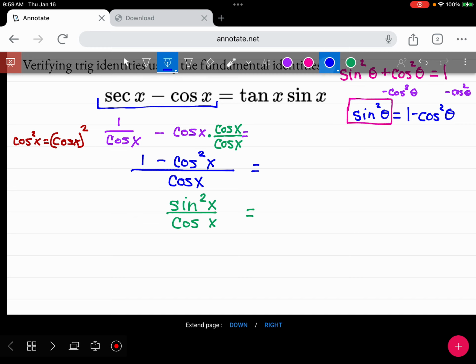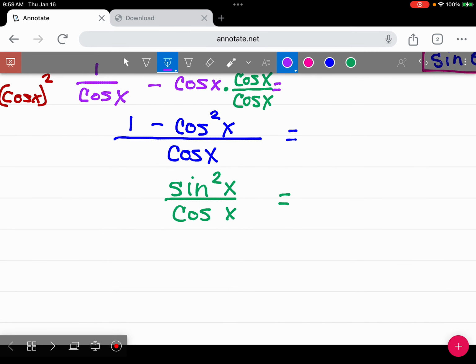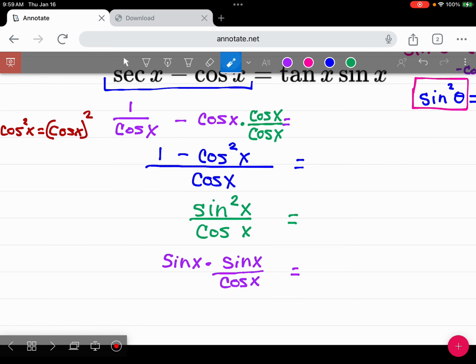So I could rewrite sine squared as sine of x times sine of x over cosine of x. What are we trying to aim for? Yeah, this guy is tangent. This guy is sine. So we're here.